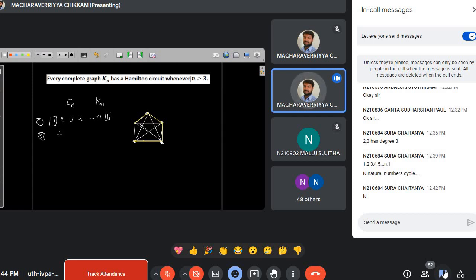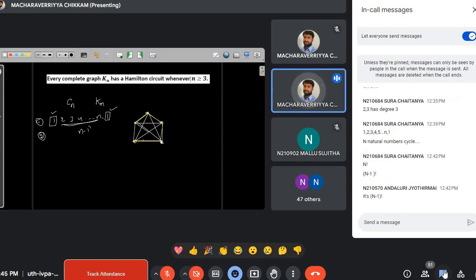Are you sure? Are they n factorial or n minus 1 factorial? Be careful. I am asking all Hamilton circuits which start at 1. See, the first and last place are dedicated for 1. Now, in the middle, how many numbers do we have?